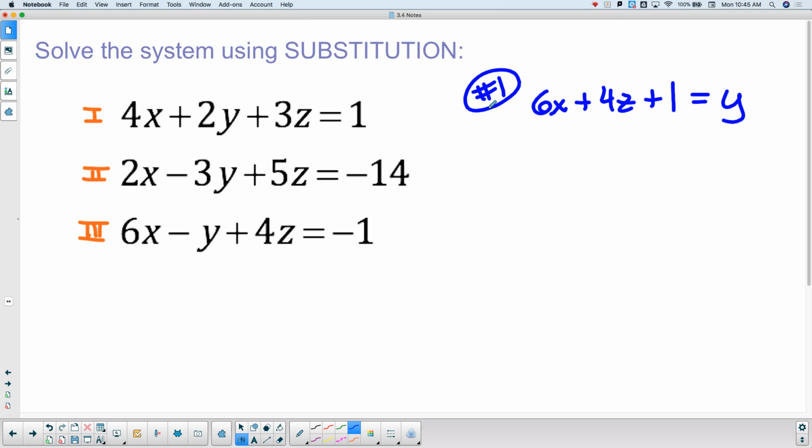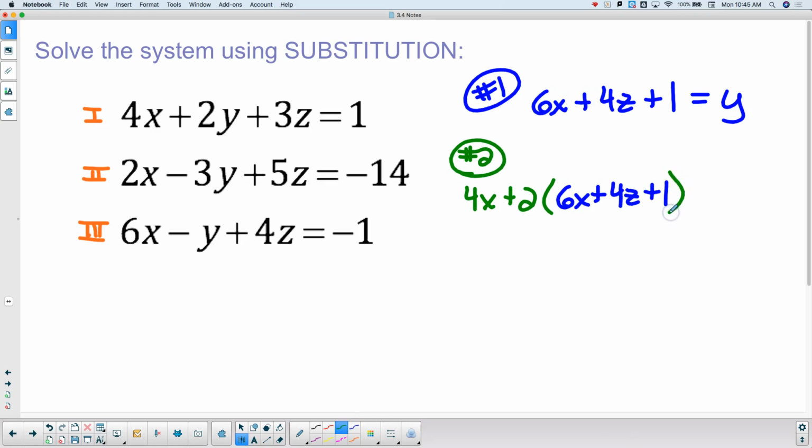Okay. So then in step number 2, now we got to plug that back in. So 4x plus 2 times (6x plus 4z plus 1) plus 3z is equal to 1.